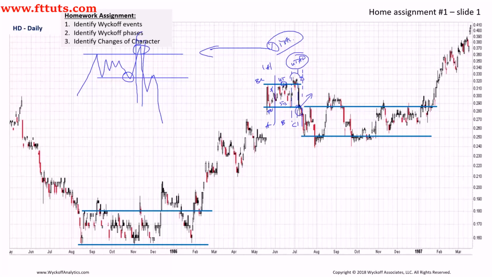So this first attempt, at least, to commit to the downside, how would we label it? That would be labeled as a last point of supply. Okay, so the rally will be a last point of supply, but the move to the downside from the high of the upthrust to the low of this reaction, this whole move right here, that would be what?